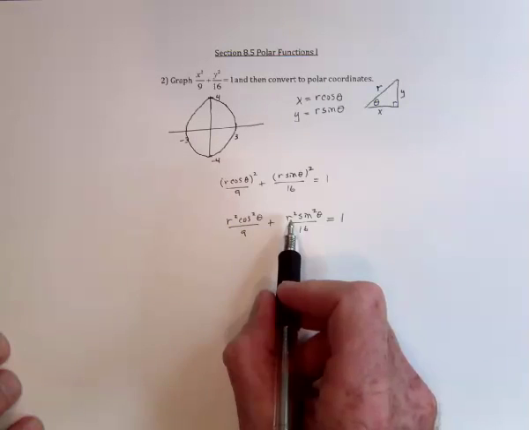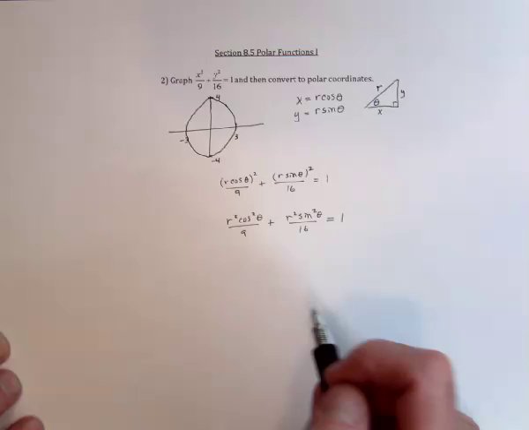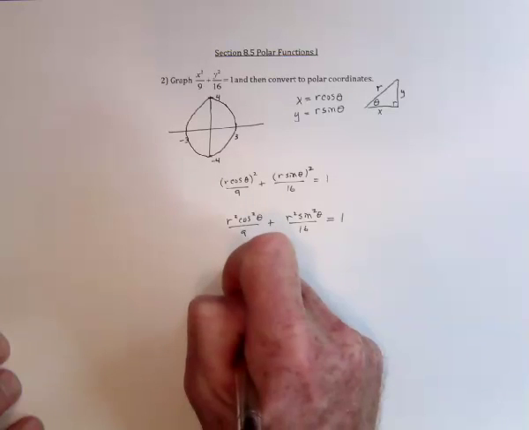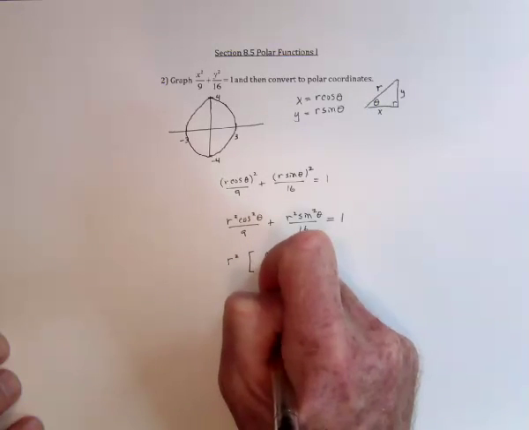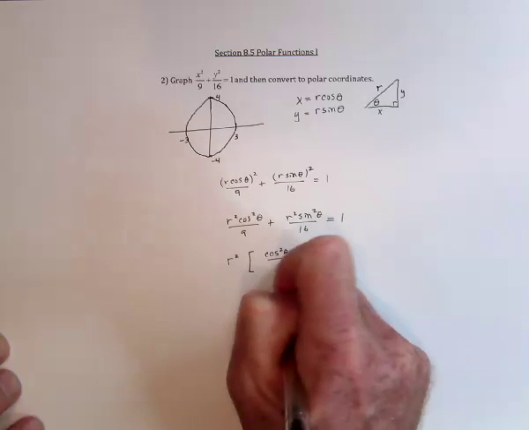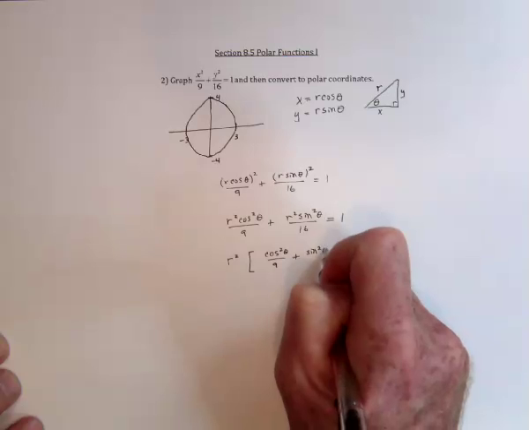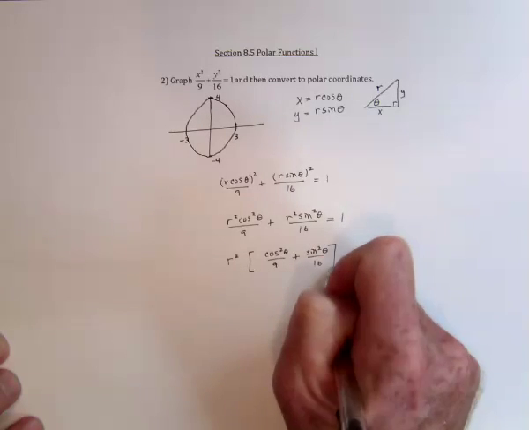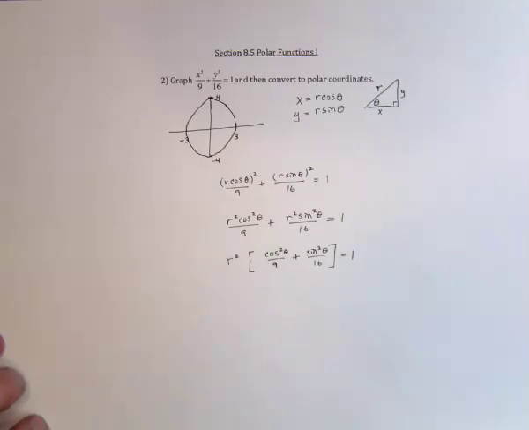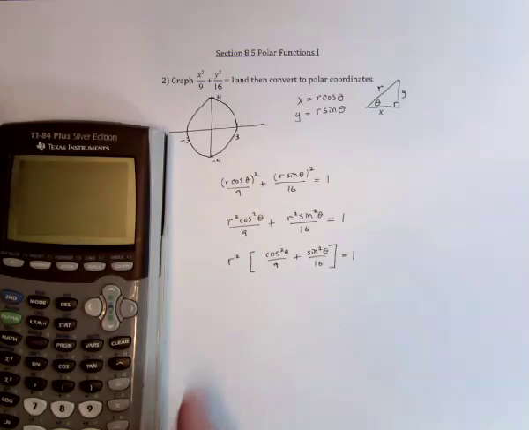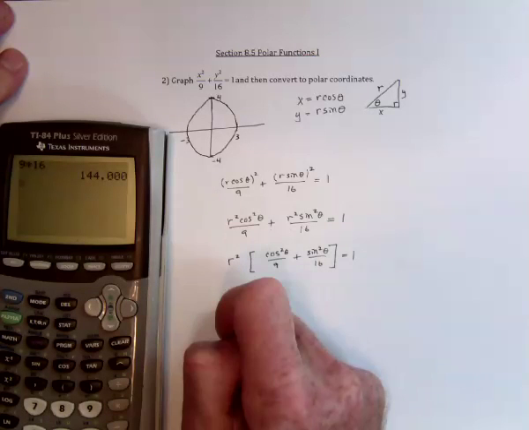Well, there's an r squared in each one, so we could factor that out. And then with a 9 and a 16, we could get a common denominator, which is going to be a 9 times a 16, so 144.